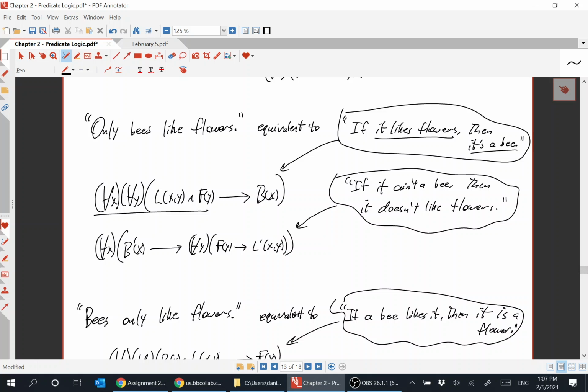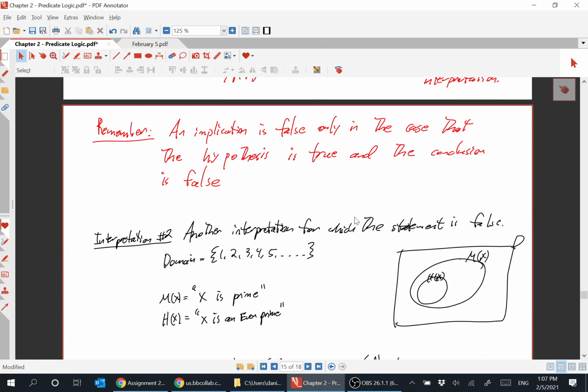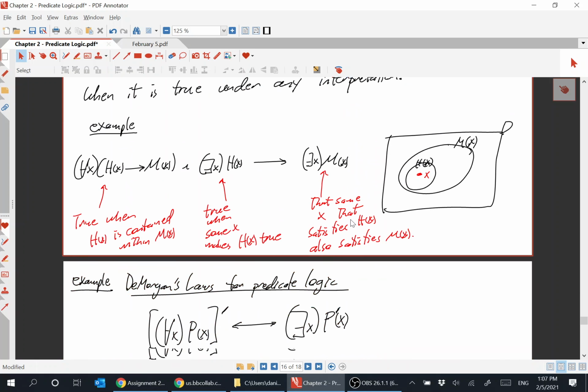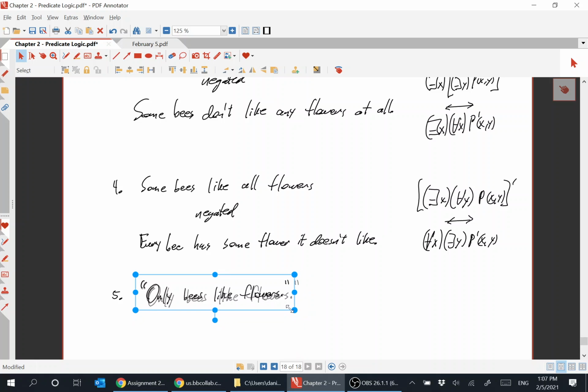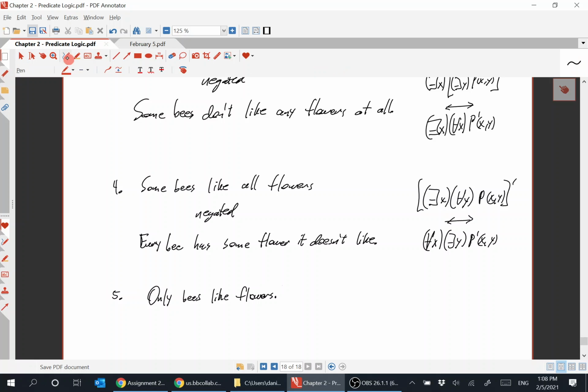Okay, only bees like flowers. From the work we did above, interpreting that into predicate logic, we saw that this was for every x and for every y.